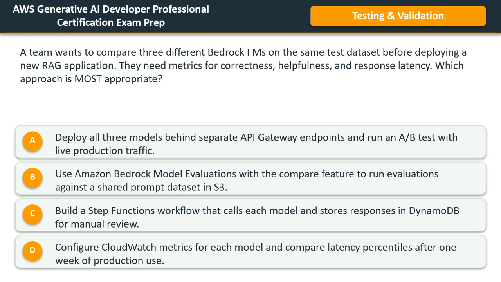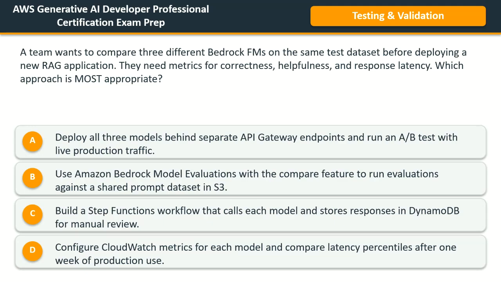This question is about pre-production model comparison. Amazon Bedrock model evaluations let you use the same dataset, run the same prompts, compare quality and latency side by side, all offline, all controlled, all repeatable. That's exactly what B provides.